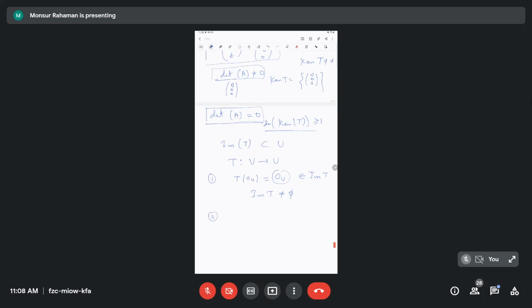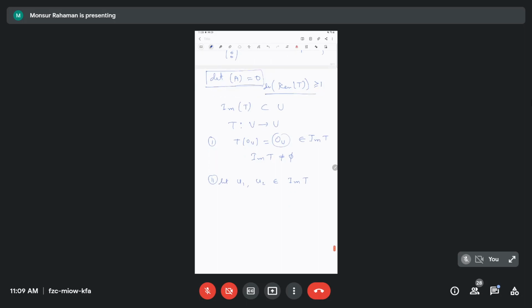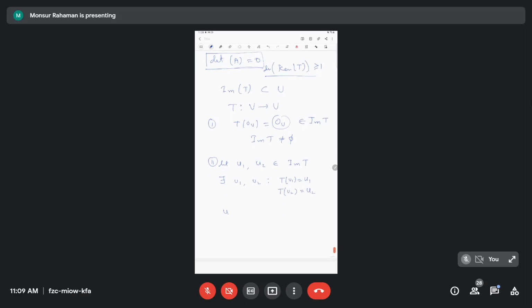Second, for example, u1, u2 belong to image of T. Let there exist v1 and v2 such that T v1 equals u1 and T v2 equals u2. You have to prove that u1 plus u2 is in image T.